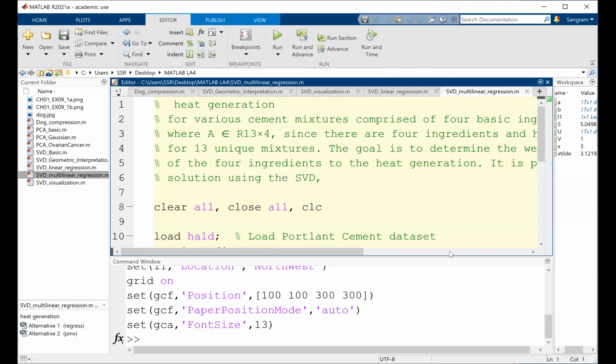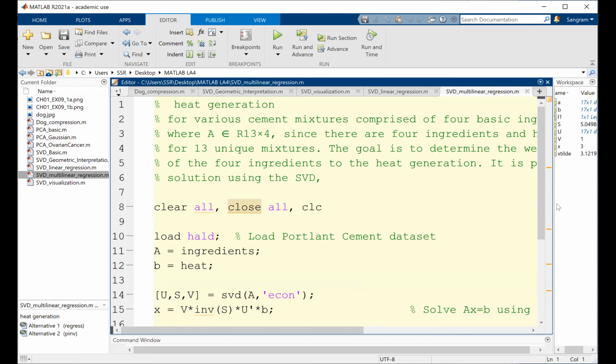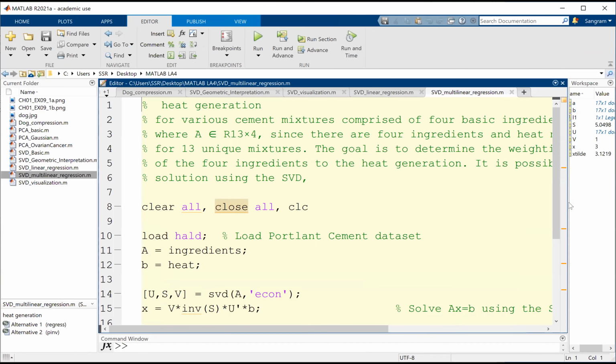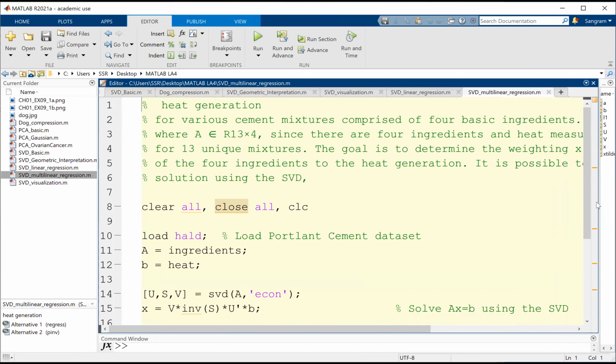However, it would be apparent when you are going to do a multilinear regression. And believe it or not, multilinear regression was the essence of some of the first machine learning and AI concepts.